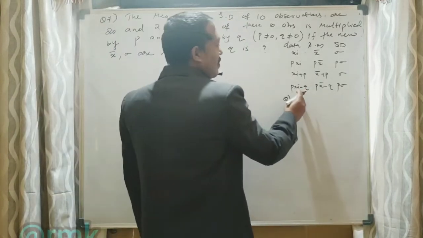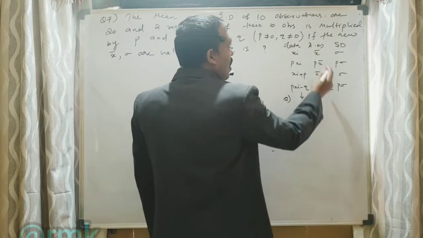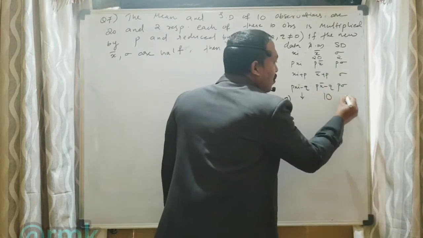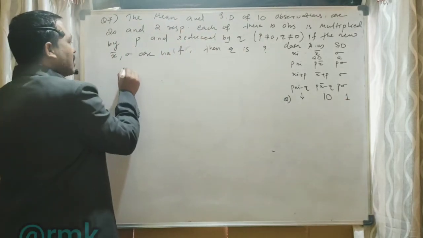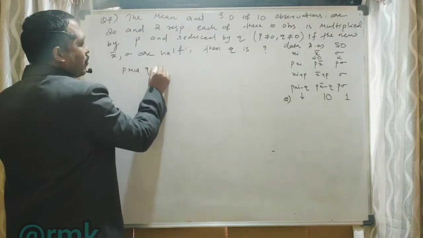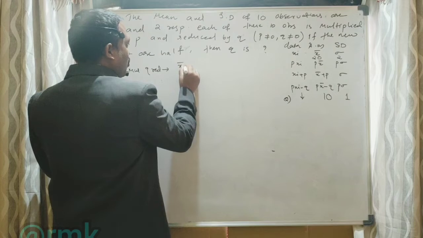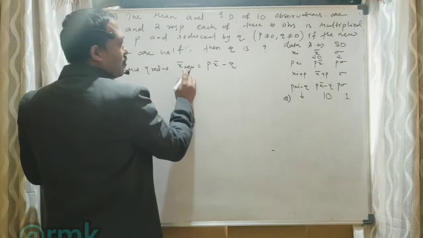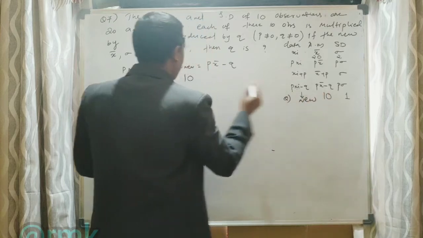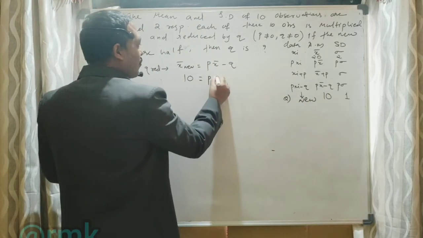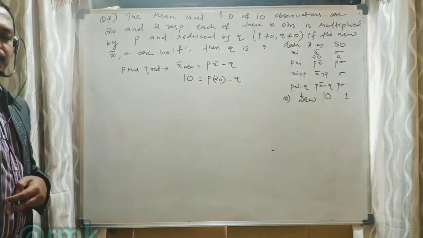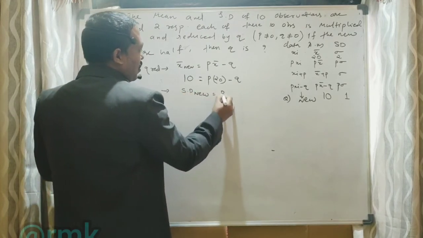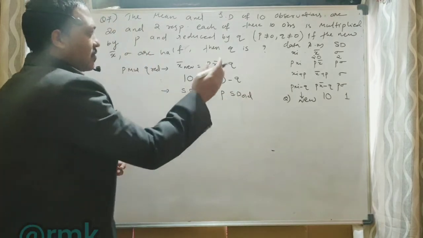Here in this question, when multiplied by p and reduced by q, the actual arithmetic mean is 20 and SD is 2. It becomes half, 10 and 1. That is, when multiplied by p and reduced by q, the new average is x bar new is equal to p x bar minus q. That is, x bar new is 10, the new x bar, is equal to p x bar old, which is 20, minus q. A formula: 10 is equal to 20p minus q. In the case of standard deviation, SD new is equal to p into SD old. New SD is 1, half of the 2 becomes 1.